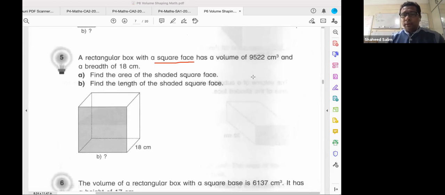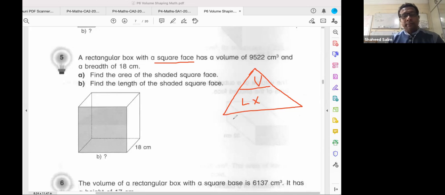If you're confused, instead of length and breadth, you can put length times height times breadth. No problem. See the volume. You try.